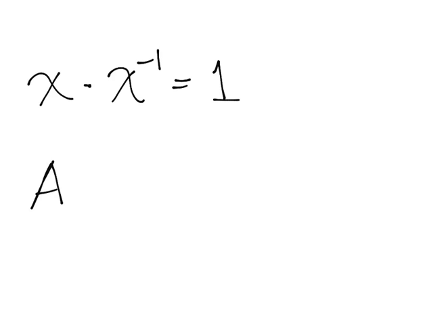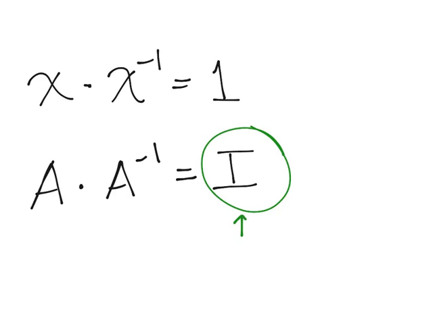And so you know that when you have x, x times the inverse of x is equal to 1. And that is also true for matrices. So A times the inverse of A is equal not to 1 but to the identity matrix, which you can think of as basically the one of matrices.